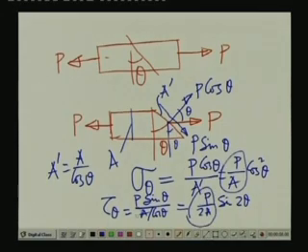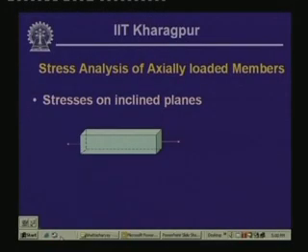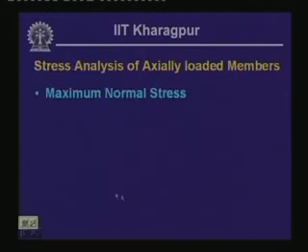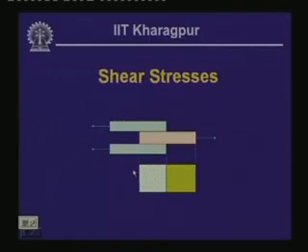So, eventually the relationship between sigma theta and tau theta is that tau theta is half of sigma theta. Well, then we have seen the maximum normal stress is P by A and the maximum shearing stress is P by 2A.